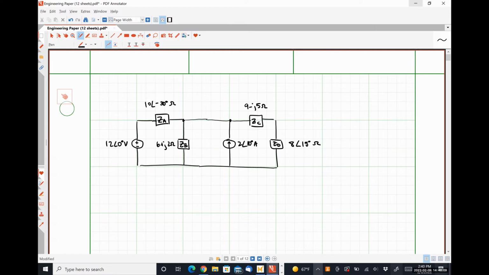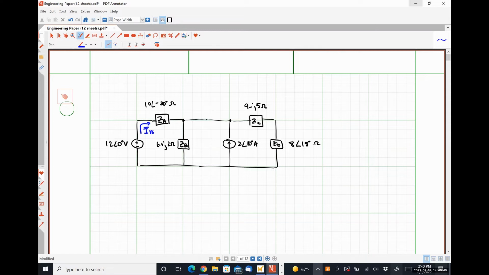And let's say that we are trying to find this current IVS, which is a phasor quantity. Okay. So one way that we could potentially analyze this circuit, right?